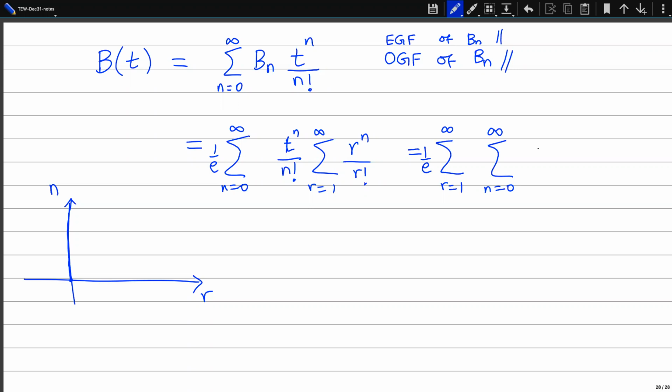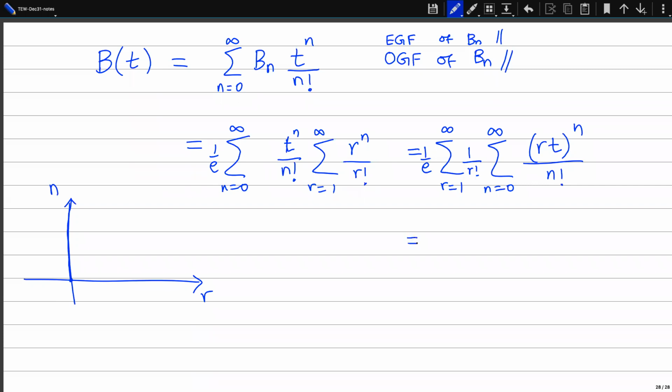So I'll do the inner summation with n rather than r. What does this become? r t power n by n factorial, and I'll pull the r factorial outside, keeping the n factorial inside. I'm just applying the same trick, interchanging the order of the summation, but here it's easier because they run independently of each other. One goes from 0 to infinity, another from 1 to infinity.